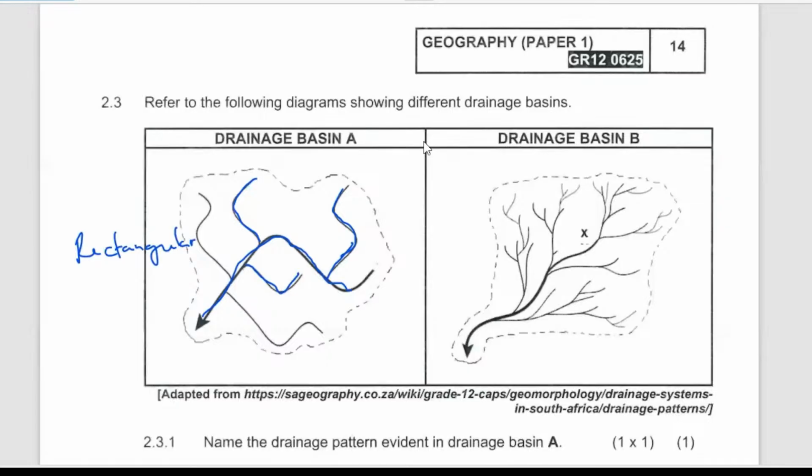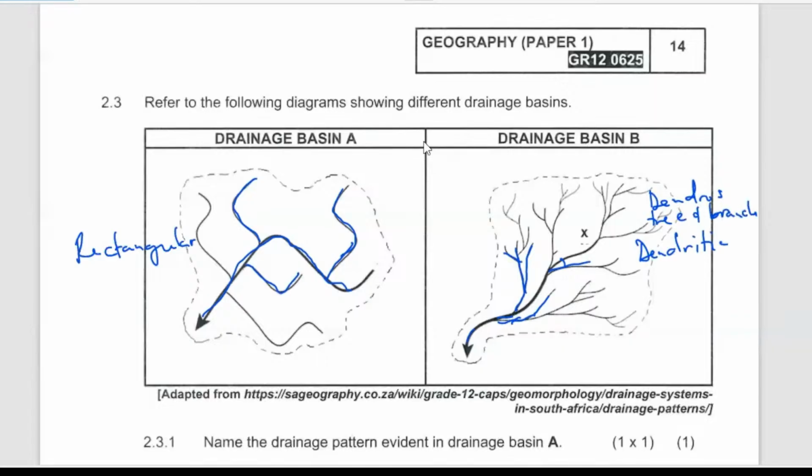Right, let's go to drainage basin B. Our main stream is this one, and the tributaries are joining at acute angles, or angles less than 90 degrees. Also, the tributaries are joined by sub-tributaries at angles less than 90 degrees. This nature of drainage pattern is what we call dendritic, a word derived from dendros, meaning a tree and its branches.